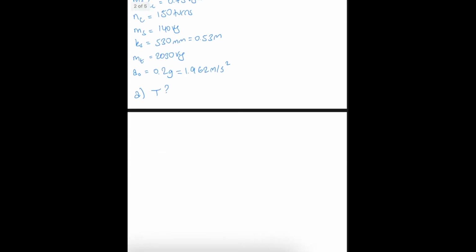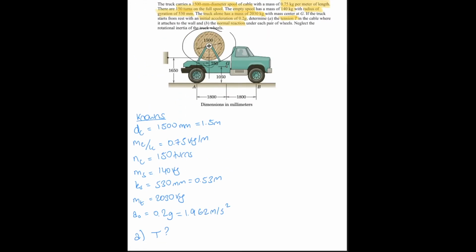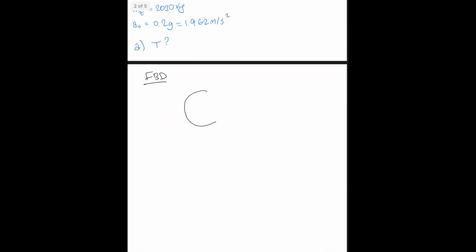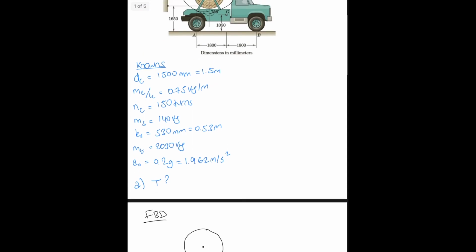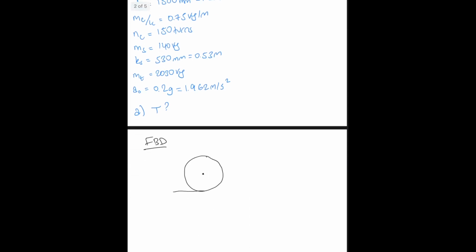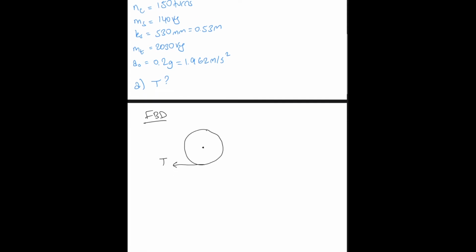Okay, so for our first question A, we want to determine the tension T. So for that, we're going to draw a free body diagram first, as always. And I'm going to draw a free body diagram of this spooling cable. So we've got the tension in the cable here. This is the free body diagram of the cable.